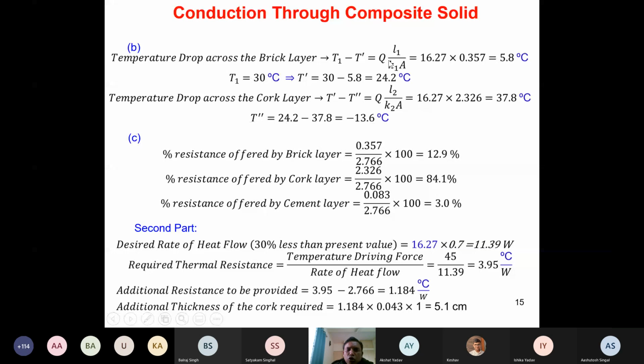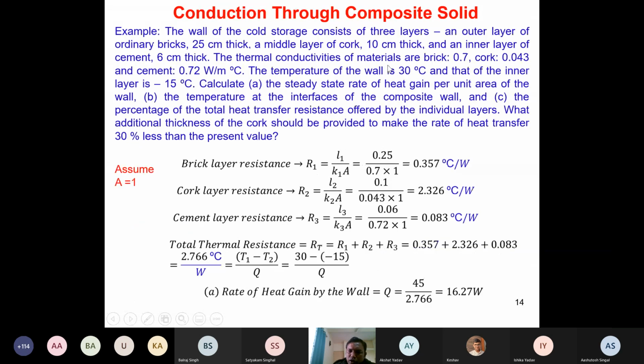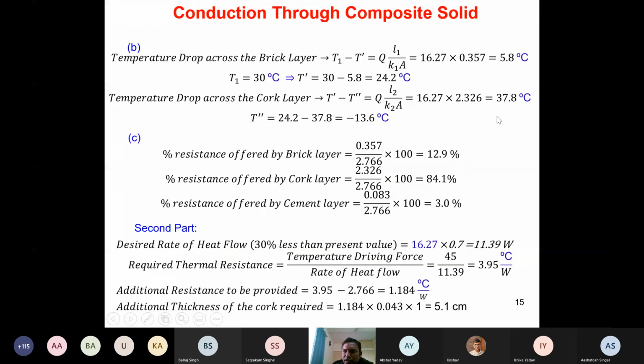Q we already know, the total heat transfer we already calculated. We put it into the resistance of the first layer, 0.357. So T1 minus T dash comes out to be 5.8, and since T1 is 30 degrees Celsius, we can back calculate T dash. T dash comes out to be 24.2 degrees Celsius.